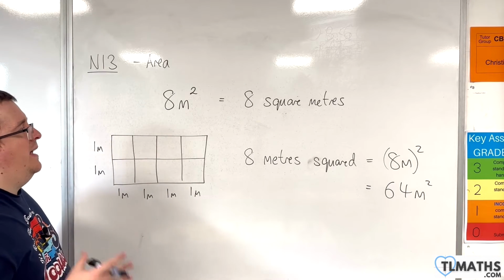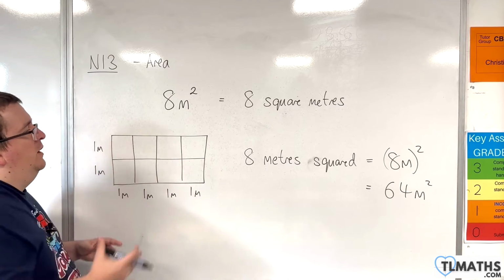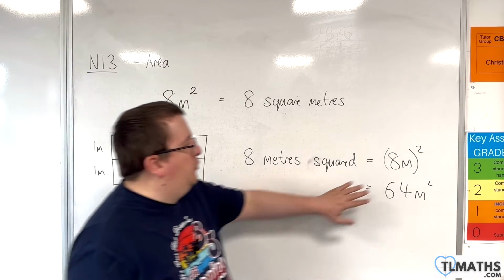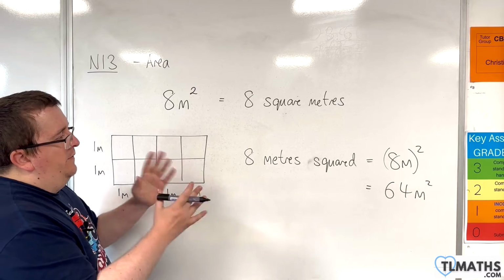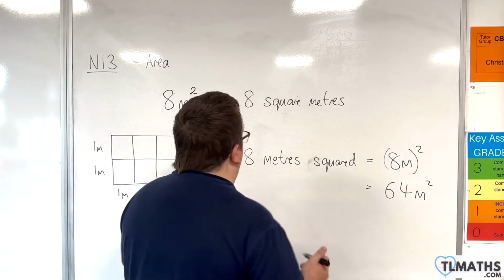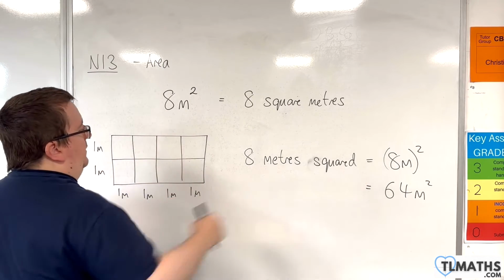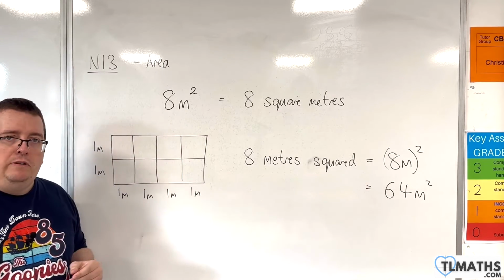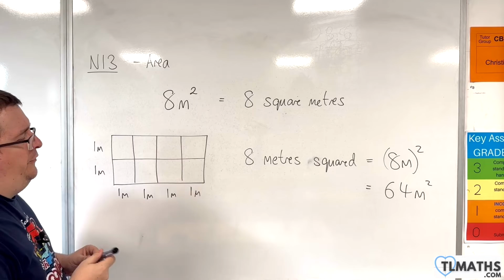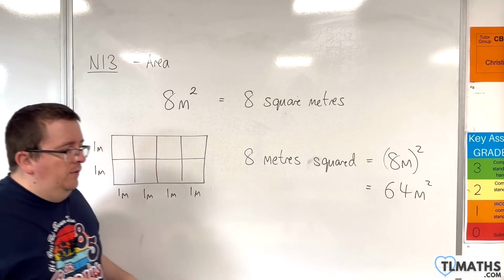Thinking of it as this area, rather than squaring 8 meters, and this would be a square that's 8 meters by 8 meters, and be a much larger area. So that's really the first thing here.